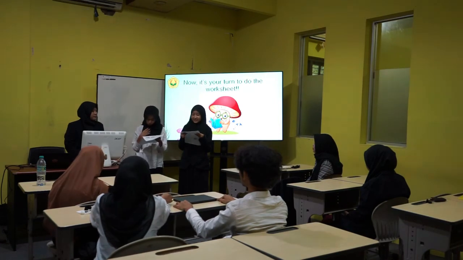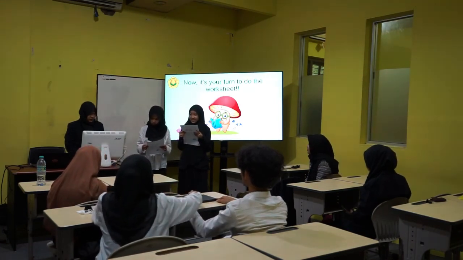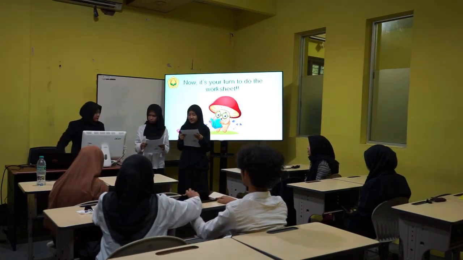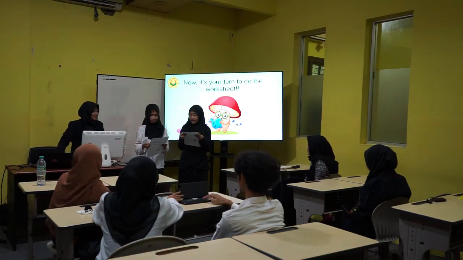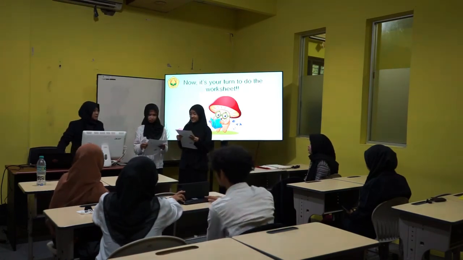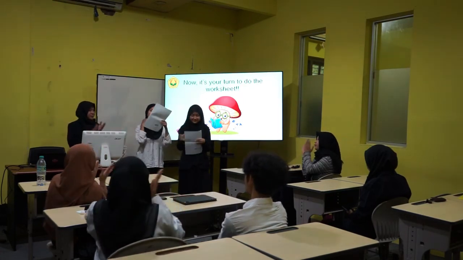It maintains the fermentation process. And Rhizopus stolonifer plays a role in the carbon cycle because it works as a decomposer in the soil, bread, or many foods. I think it's enough. Okay, thank you. Please give applause to Maya.